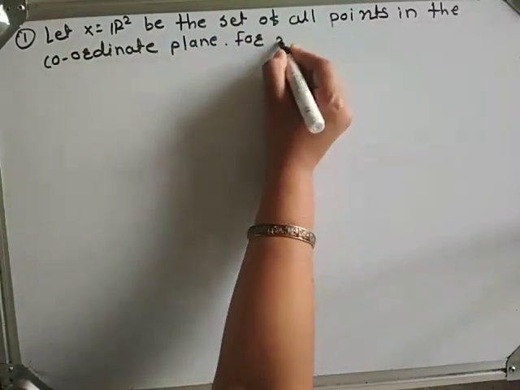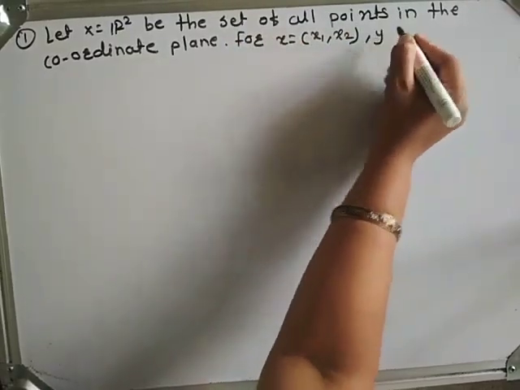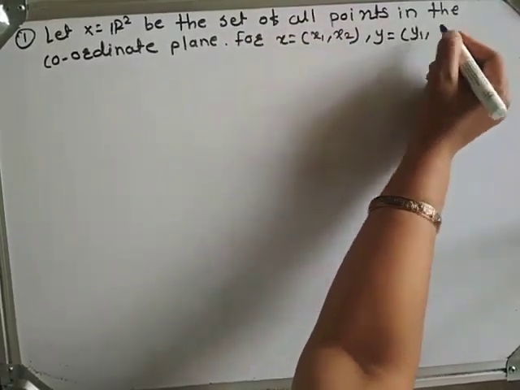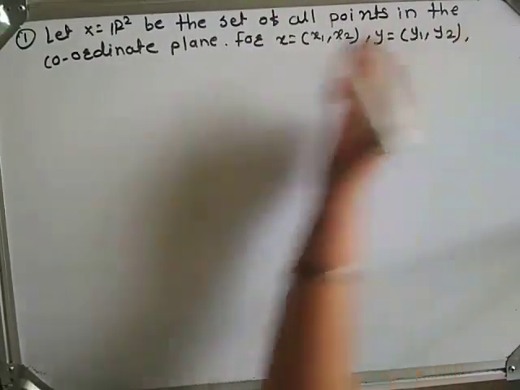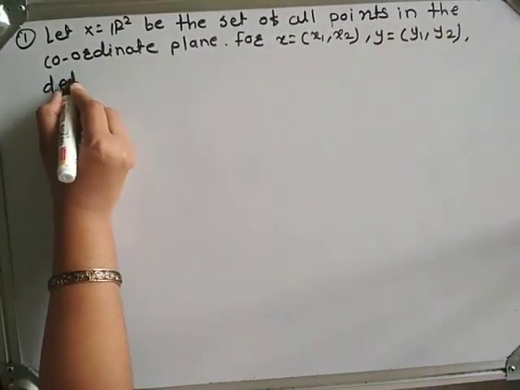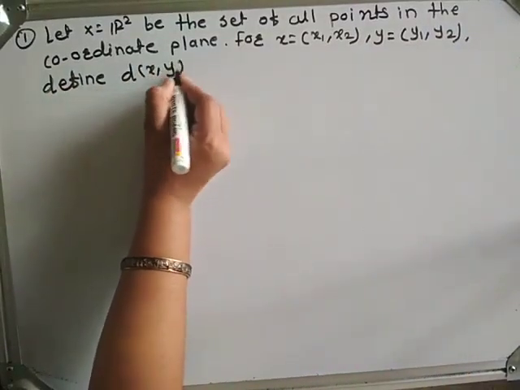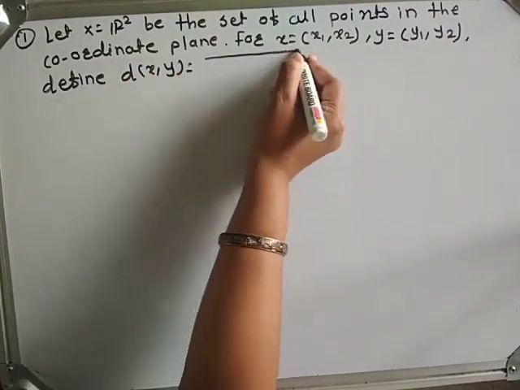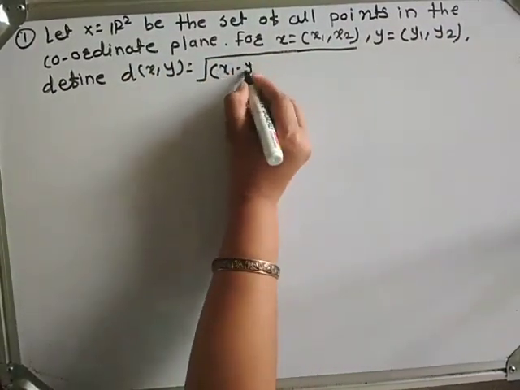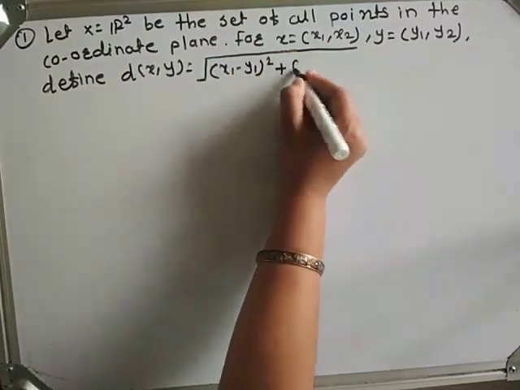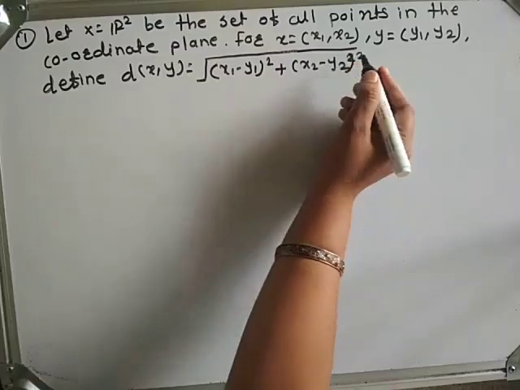For x = (x1, x2), y = (y1, y2), define d(x, y) = square root of (x1 minus y1) squared plus (x2 minus y2) squared.